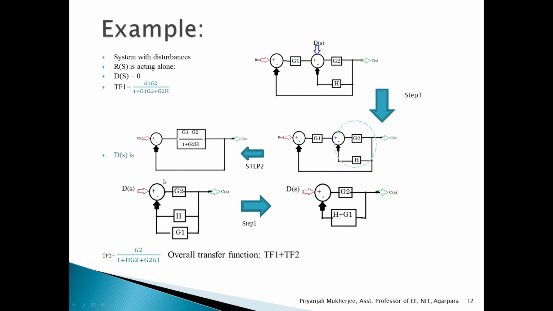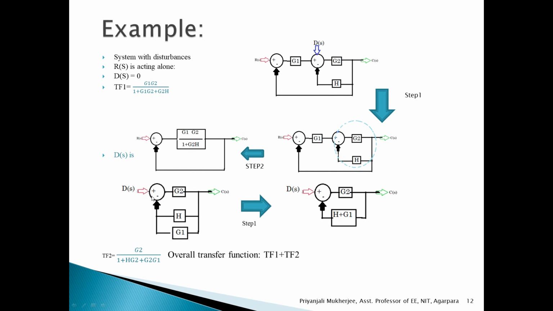And for the next, we have considered that Ds is acting alone and Rs is not present, and for this diagram we have to look from Ds to Cs. So Ds is connected here and Cs, then the G2 block is present in between Ds and Cs, and this H and G1 become the feedback. Now here H is connected to this summing point with a minus sign, that means H is negative feedback, but for this one, which has the minus sign, Rs is 0. So this is equal to minus 1, and minus 1 is multiplied with G1, and then we are adding it as a plus.